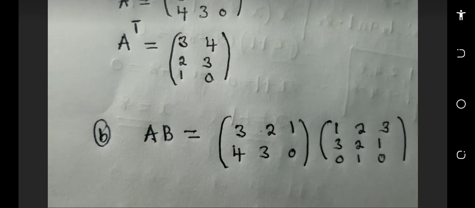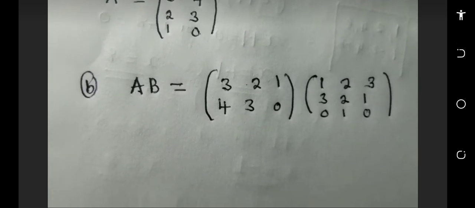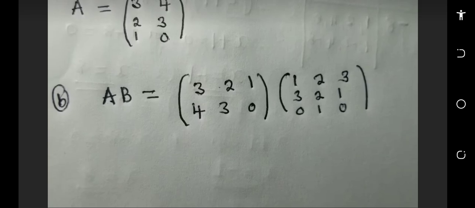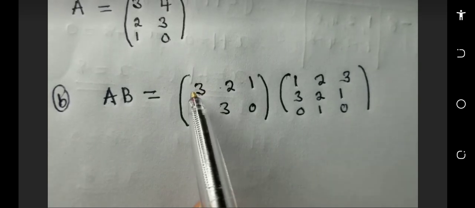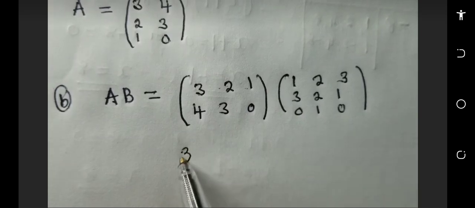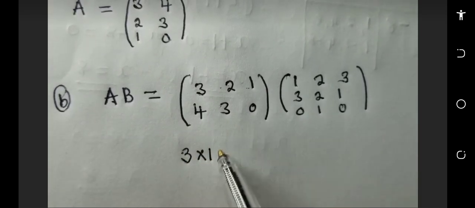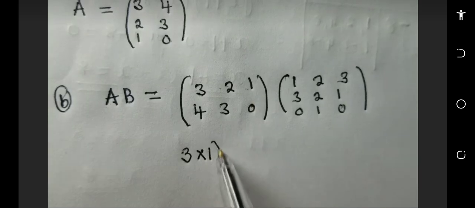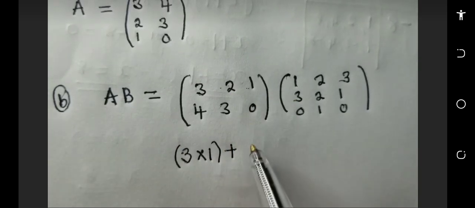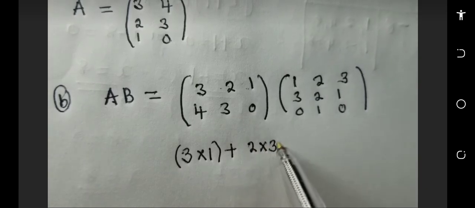So now multiplication here, you need to be very careful multiplying matrices. Let's do this. We're going to multiply this row by the column. So it will be 3 times 1, and then we say plus, this one will go with this one, 2 times 3.